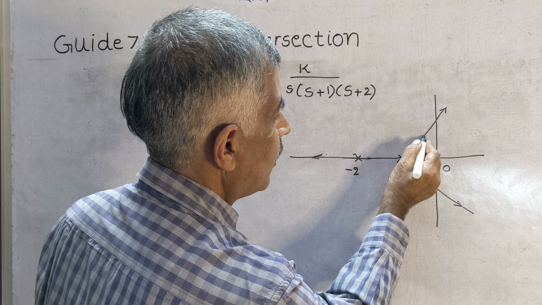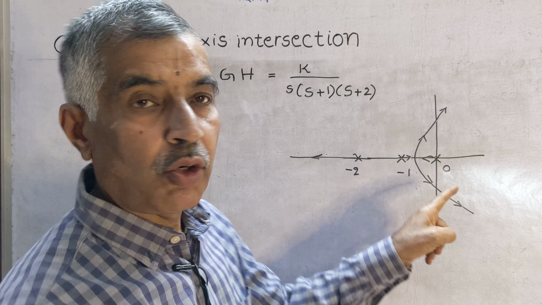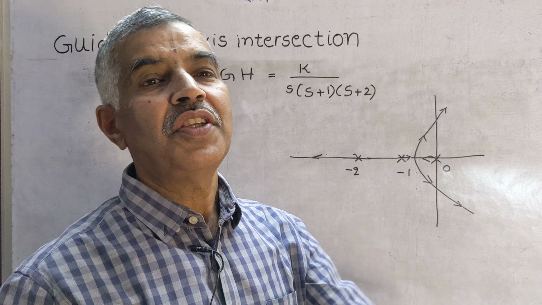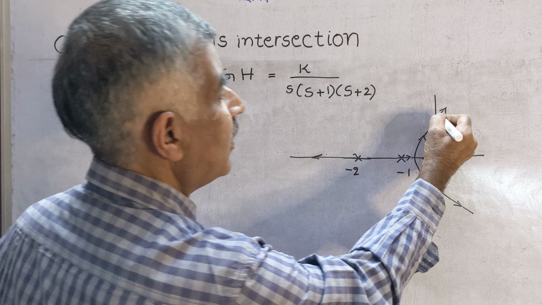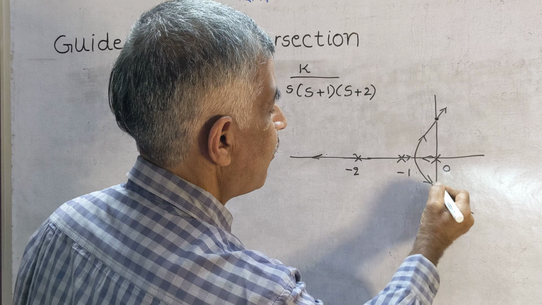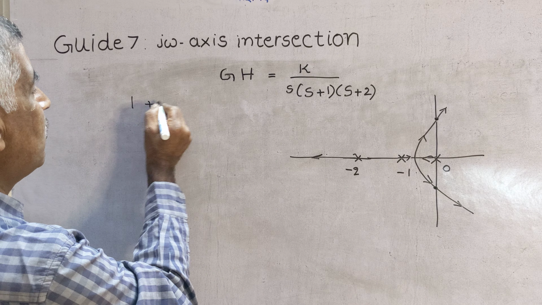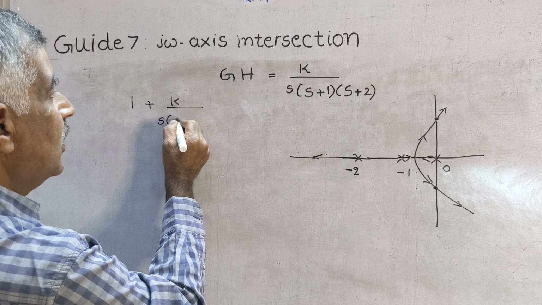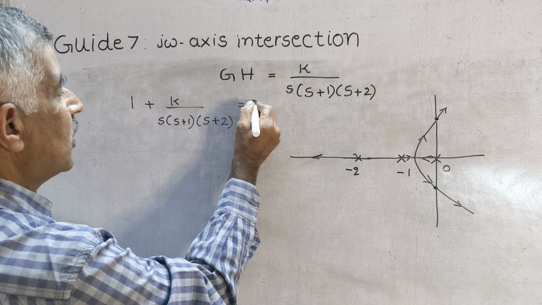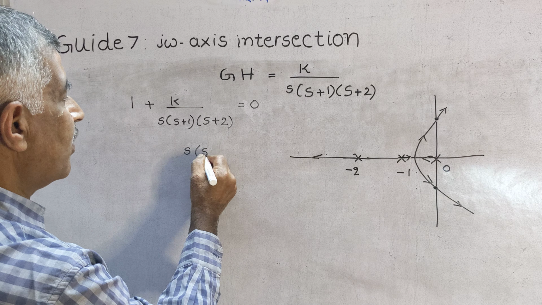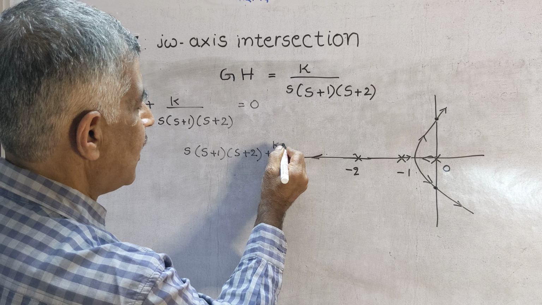Now there is a crossing point. Here at these 2 points, the root loci cross the j omega axis from the left half plane to the right half plane. So we can find the intersecting points. First, form the characteristic equation. The characteristic equation is 1 plus k over s into (s plus 1) into (s plus 2) equal to 0, or s into (s plus 1) into (s plus 2) plus k equal to 0.